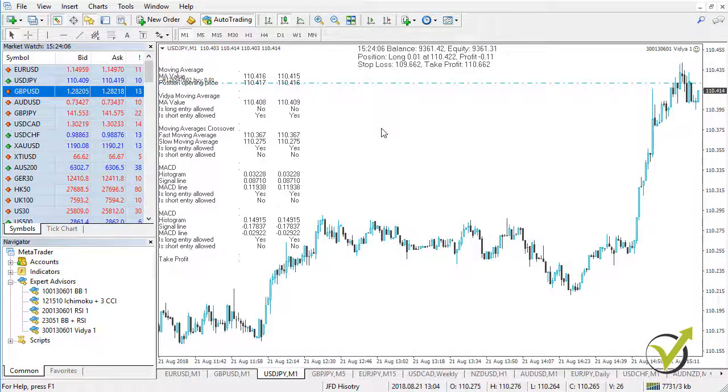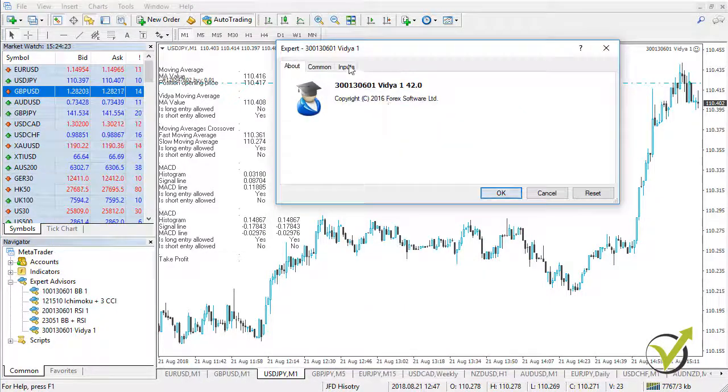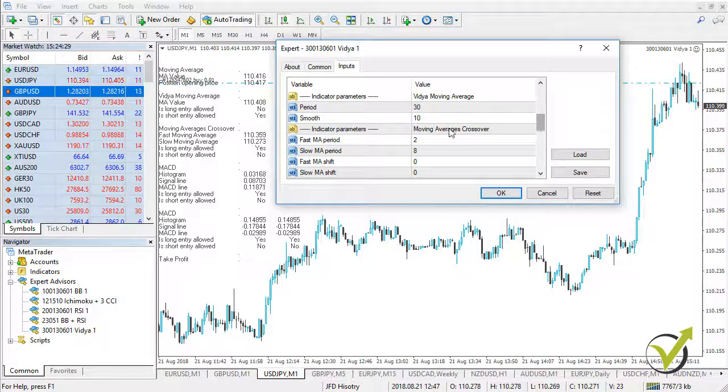So if I want to place moving average crossover, for example, this is the indicator that is inside this expert advisor, and if I go to expert advisor properties, you will see what are the current inputs that I'm using. MA crossover, I'm having 2 and 8.